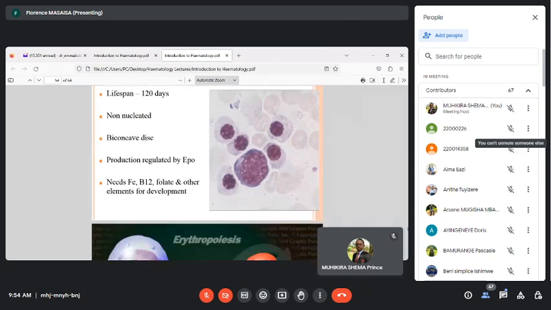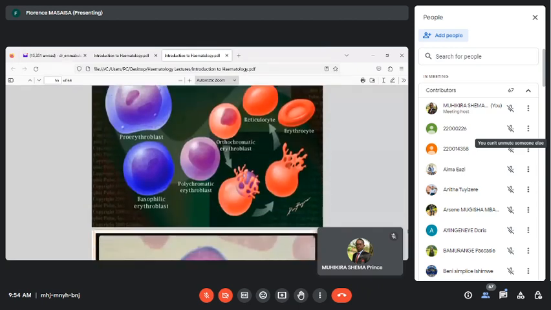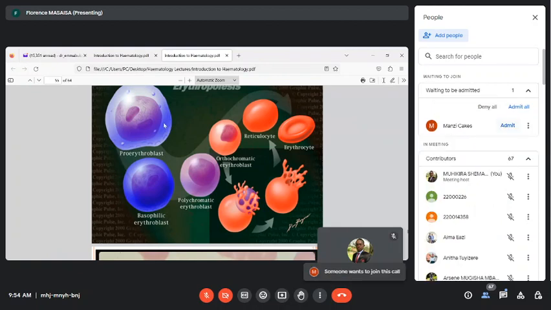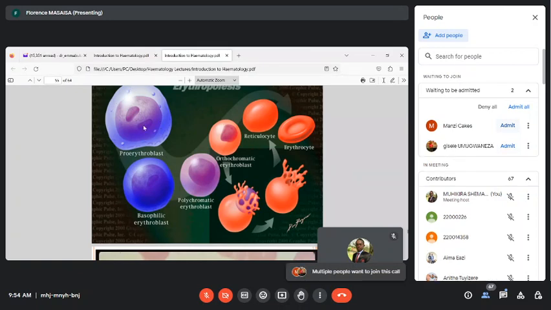On this picture, you may see how from the precursors we have a proerythroblast, which is the earliest red cell. It divides and matures into the basophilic erythroblast. When the cell is still immature, it's huge, and as it matures, it becomes smaller in size.